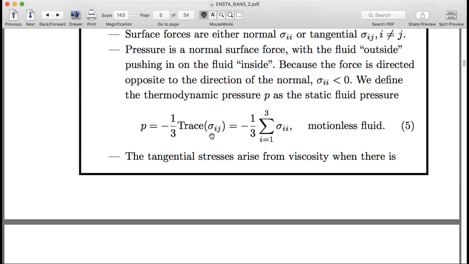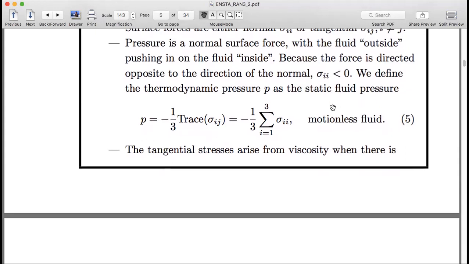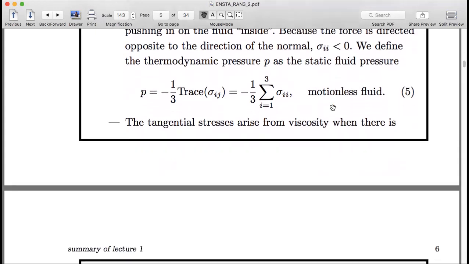So the sum of the 3 normal stresses. And when the fluid is static, so its velocity is 0, then this trace of the stress tensor becomes the thermodynamic or static fluid pressure.